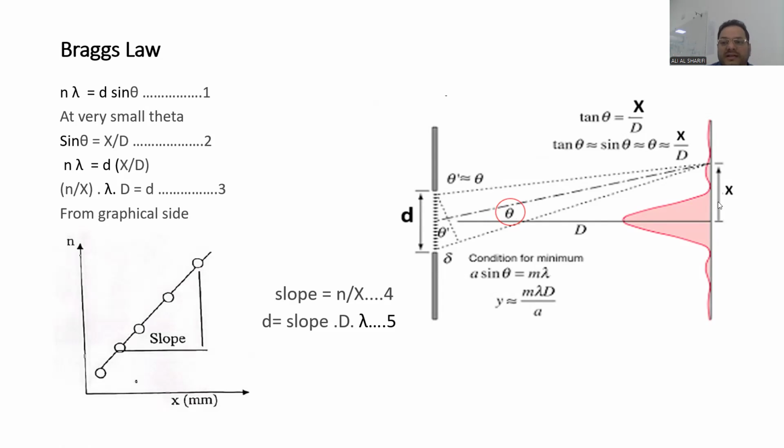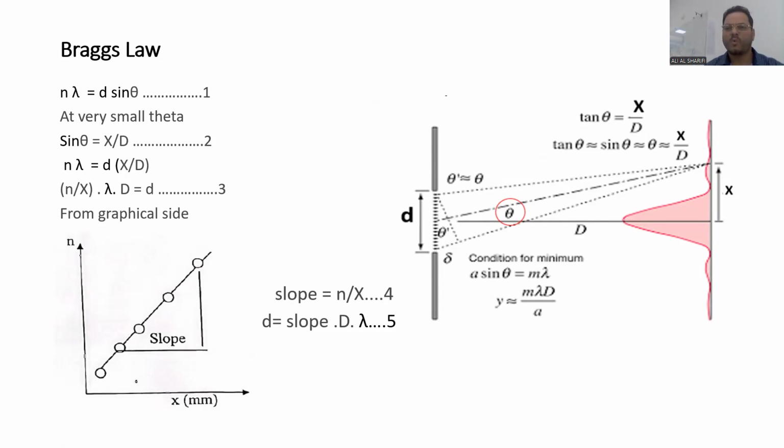X, we could calculate by using this experiment in our lab, with this ruler and this kind of paper, to calculate the distance between these patterns.